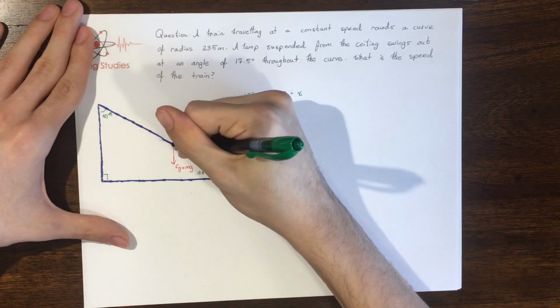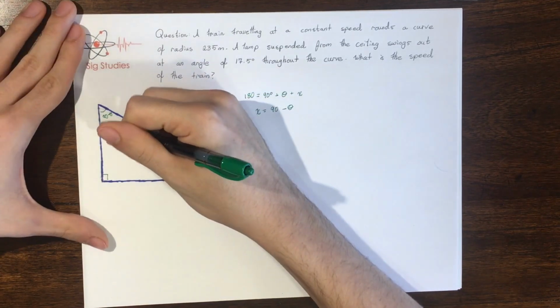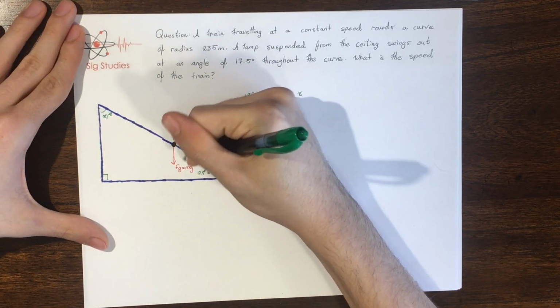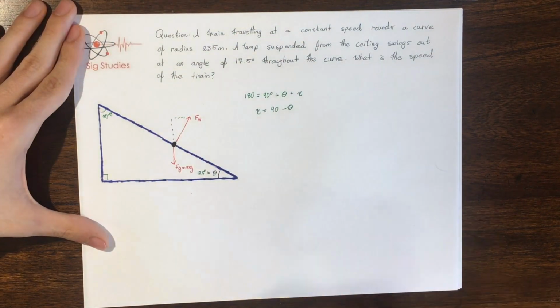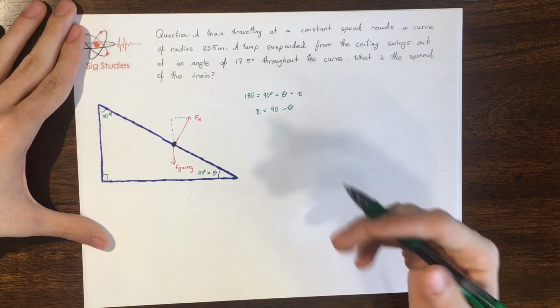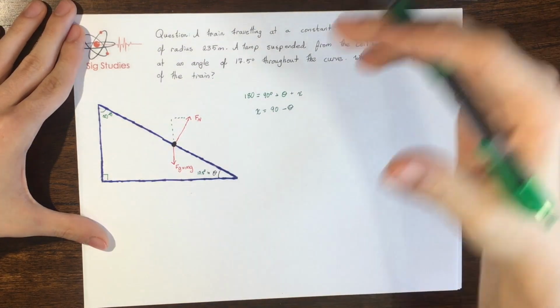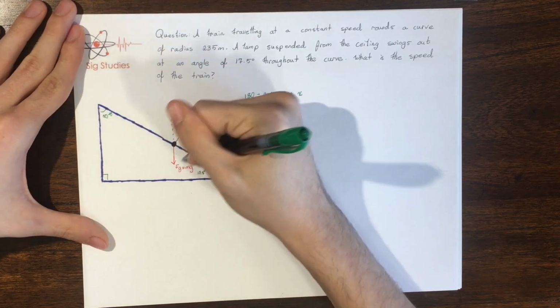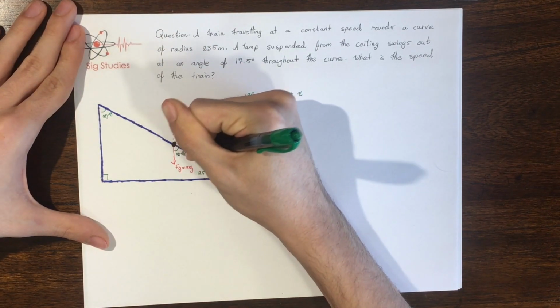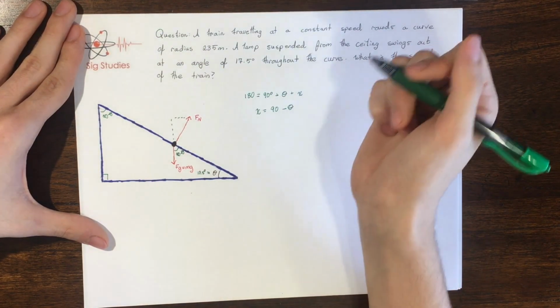And then here, since this is a parallel line to the line here, this smaller triangle and this bigger triangle in its entirety are similar triangles, meaning that the angles are all the same relative to where they are positioned. So since this is the same angle, this is also 90 minus theta.